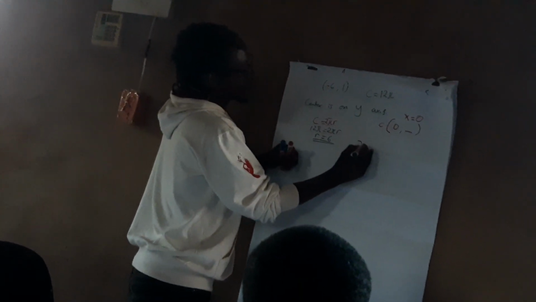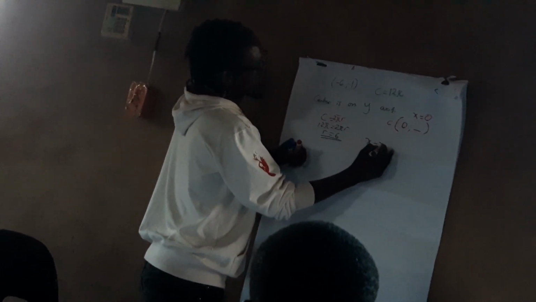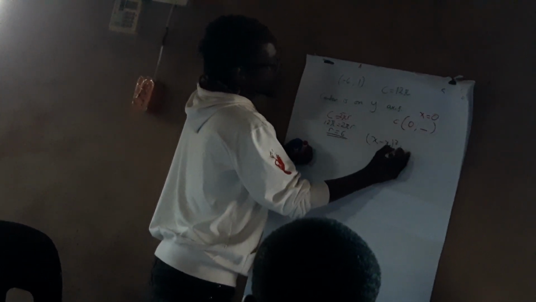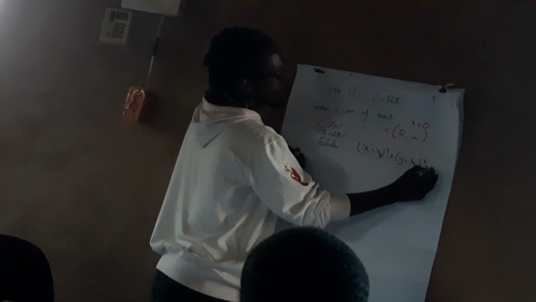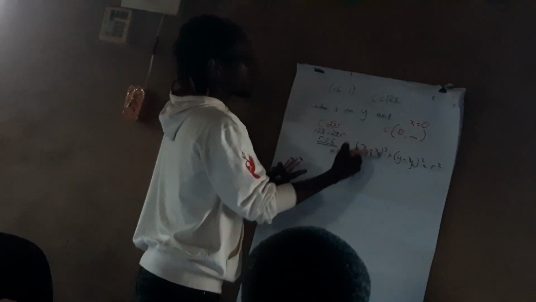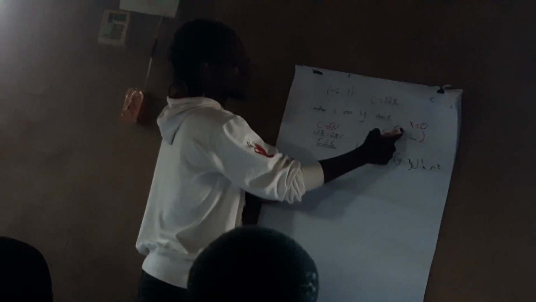So what is the equation of the circle? The equation is x minus x center squared plus y minus y center squared is equals to r squared, right? But you are told that this is passing through the origin.